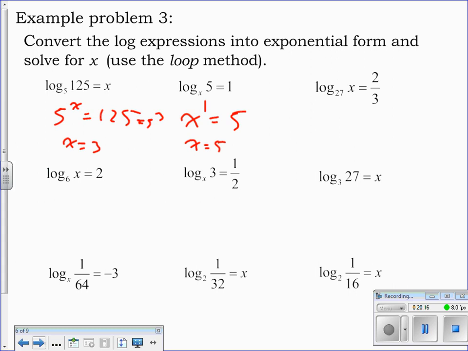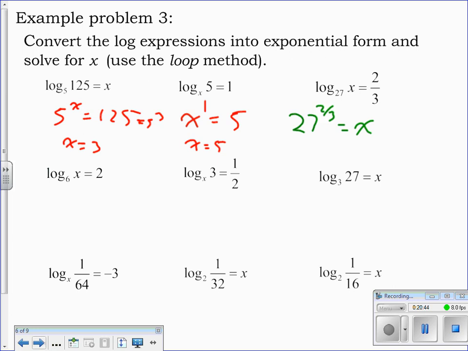Next one, what's my base? 27. So I have 27 to the 2/3 power is equal to x. Okay. I can't get the same powers on this, but I do know how to do this. We did 27 to the 2/3 power. We did this in the last chapter. A lot of stuff from the last chapter is going to pop up in this one.